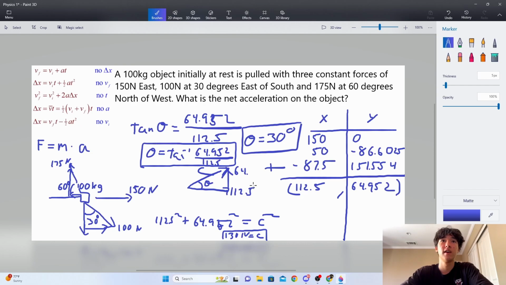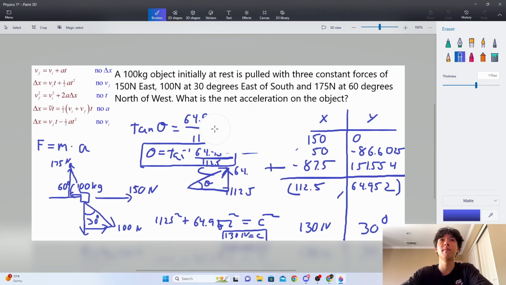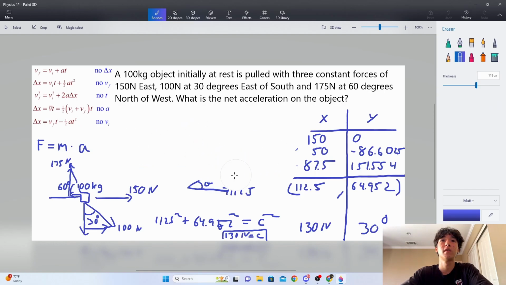So what we just got is this 130 newtons and 30 degrees. So how do we write that answer? Well, let me make us some space here. This answer can be written as 130 newtons, right? Like these ones.